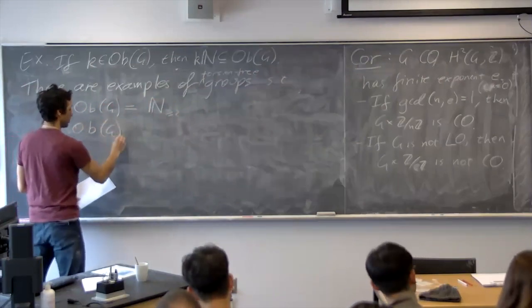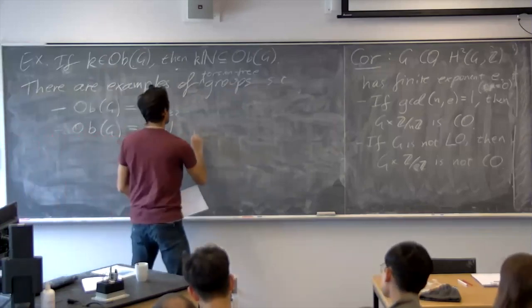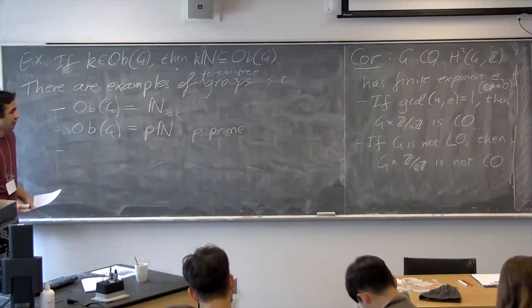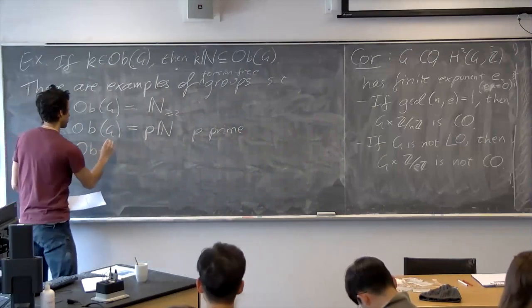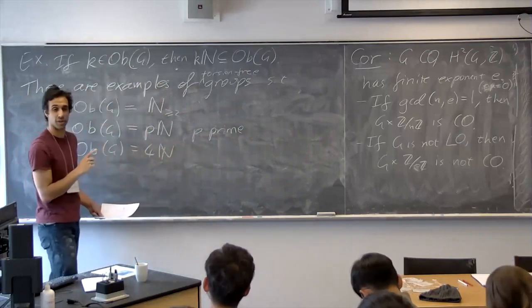There are examples where this is true, where P is prime for all primes. And there are examples like the Promislow group, where you can get things that aren't just multiples of primes.